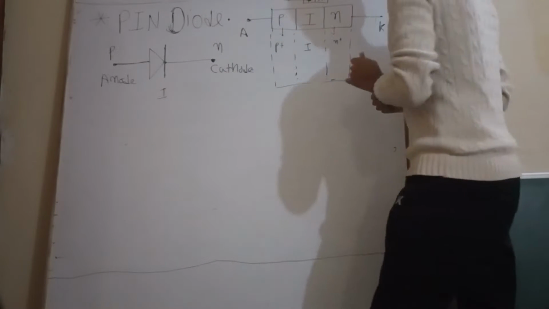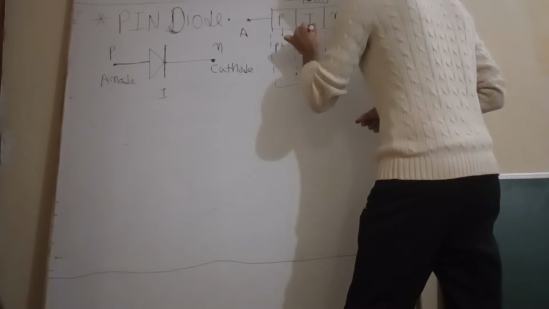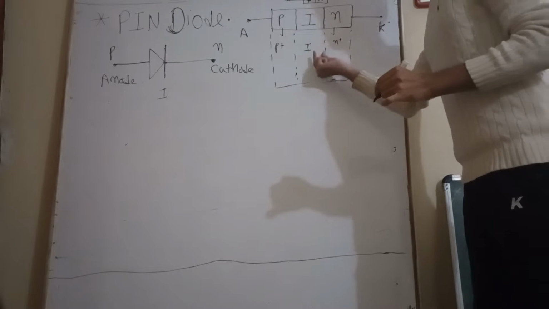Now what is the main important feature of this intrinsic region? This is just the symbol for the PIN diode.